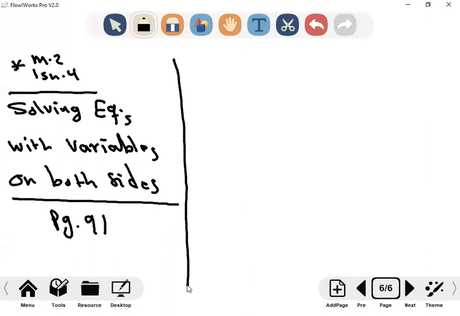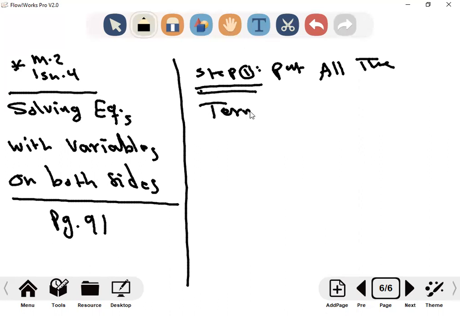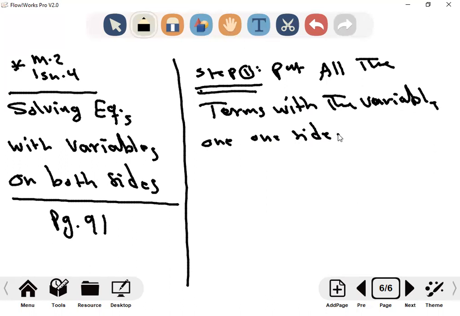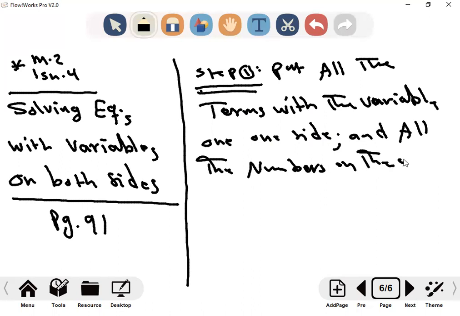So our step one, how we solve this kind of equation. Step one, put all the terms with the variable on one side and all the numbers on the other side.